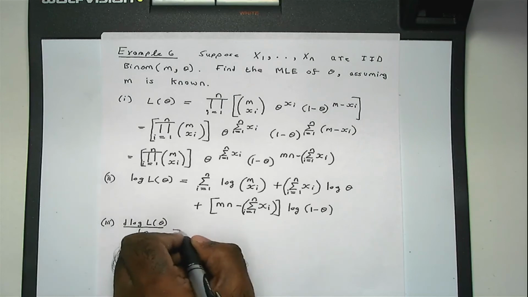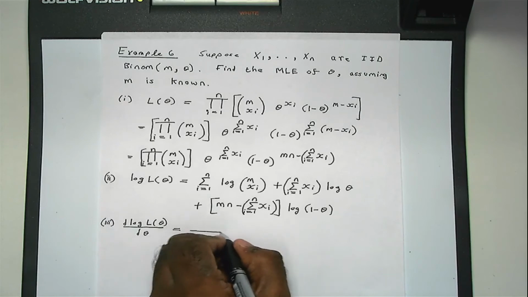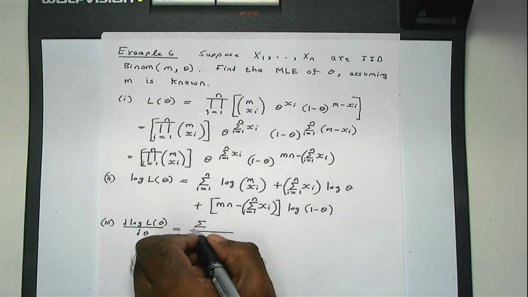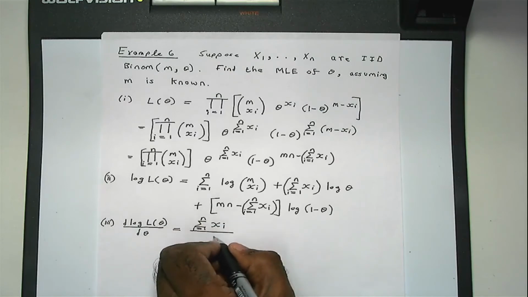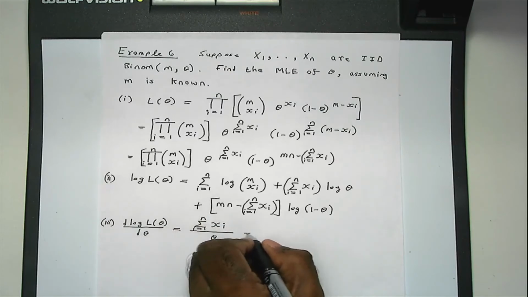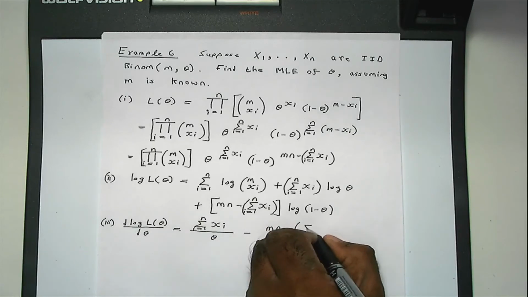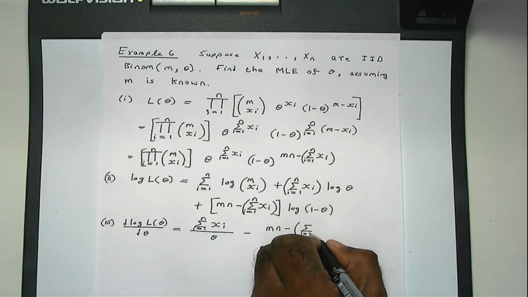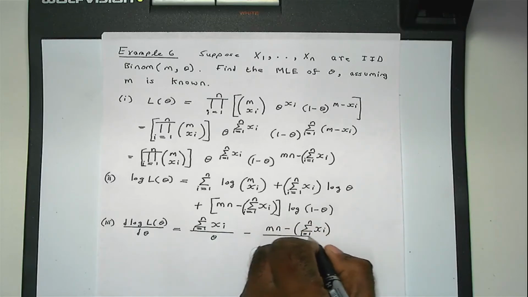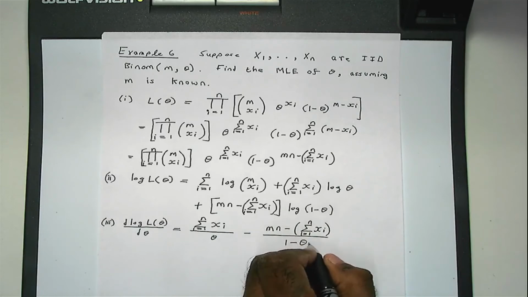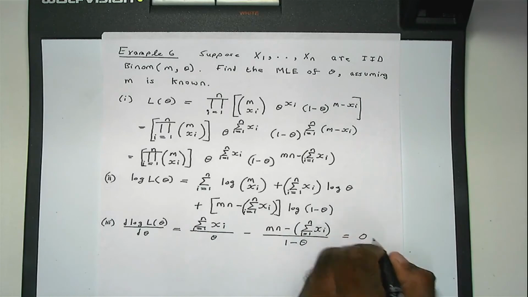If you differentiate this with respect to theta, you get this, right? And you set this to 0 and solve for theta.